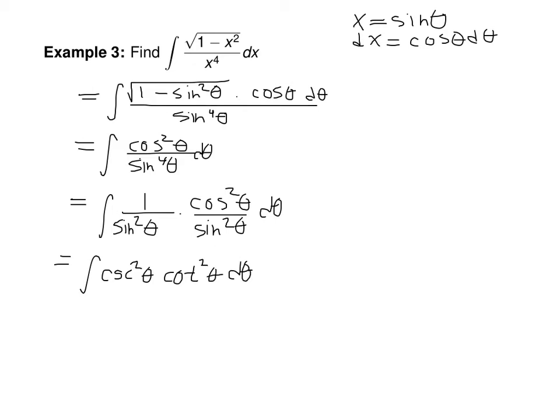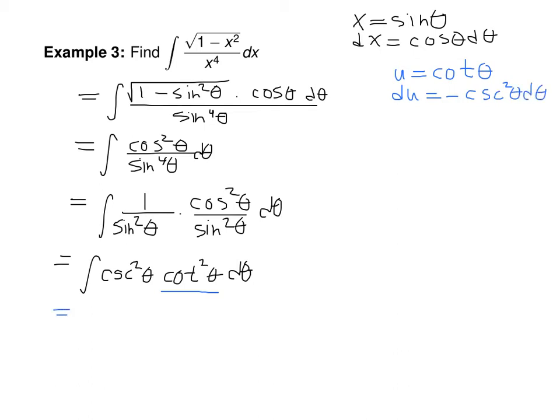And now we're going to do a u substitution, and what you have to remember from Calculus 1 is that the derivative of cotangent is actually negative cosecant squared. So if I let u equal cotangent of theta, du is negative cosecant squared theta d theta.